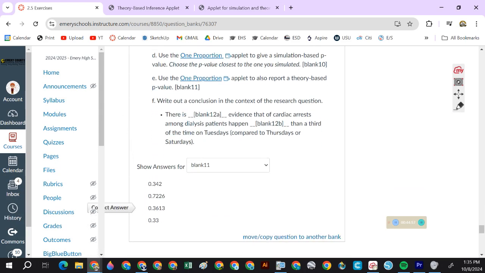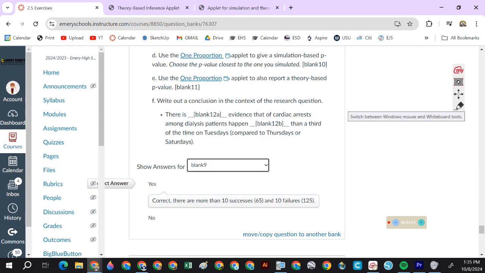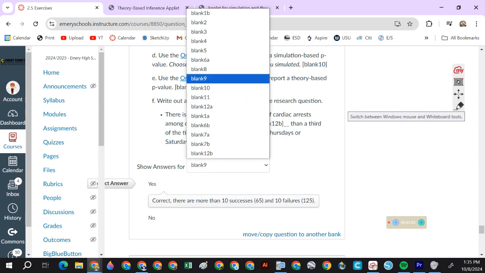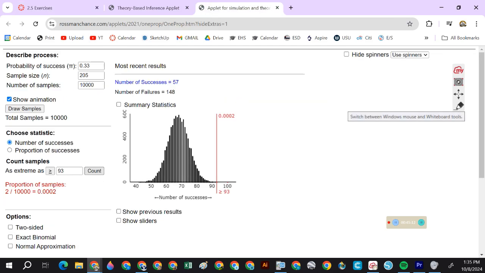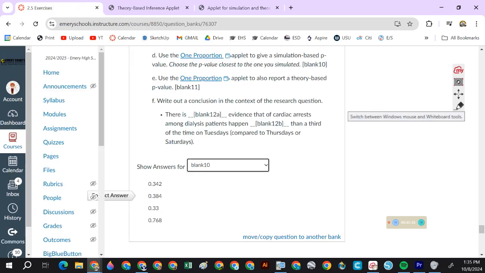So are the conditions met? So blank 9 should be a yes. Okay, and then 10. I didn't get anything close to that. Your options look different. It should be like 0.002.